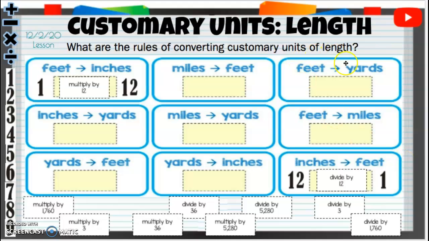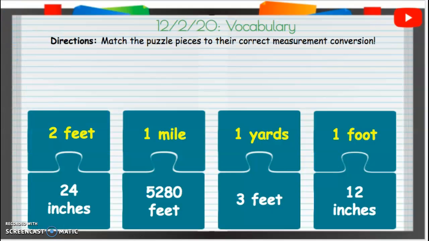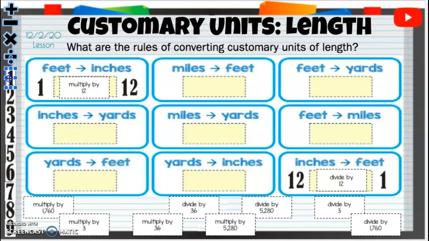So inches to feet, you're going to divide by 12. All right, now let's take a look up here from feet to yards. How many feet are in a yard? With our vocab, 1 yard is 3 feet.